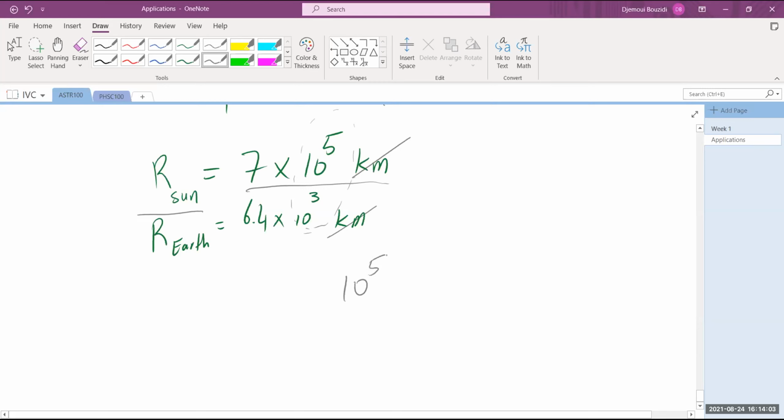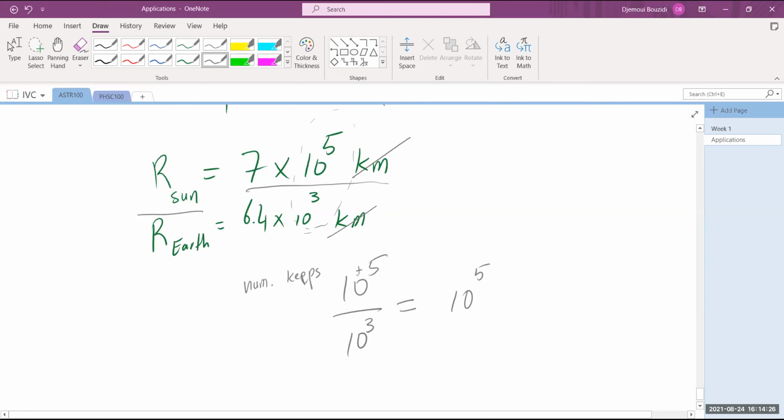So I have 10 to the power 5 and 10 to the power 3 in this ratio. When doing a ratio like this, I first write the base, which is 10. Then I talk about the exponent. If it's in the numerator, it keeps its sign. So if it's positive, it stays positive.